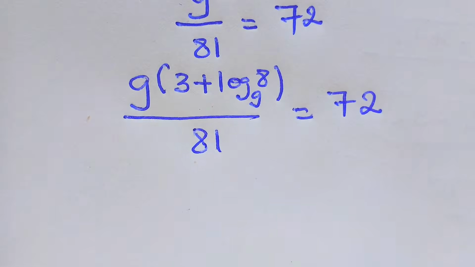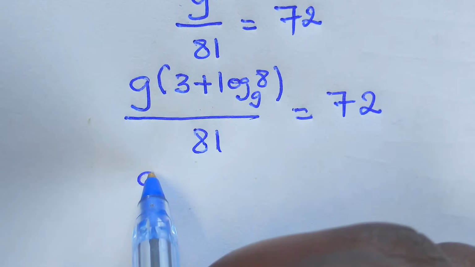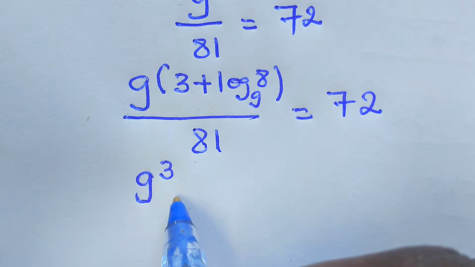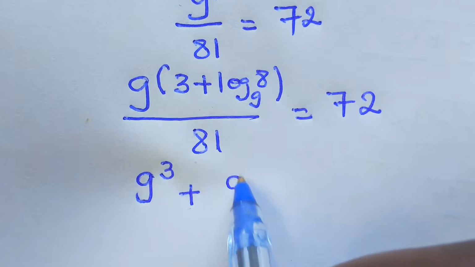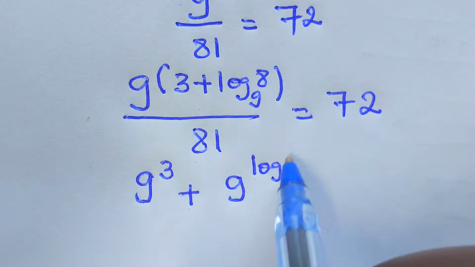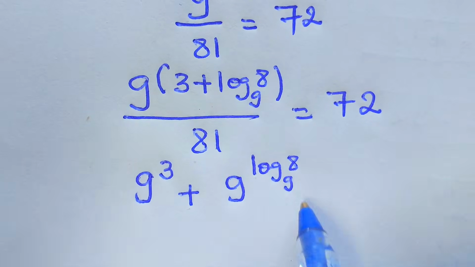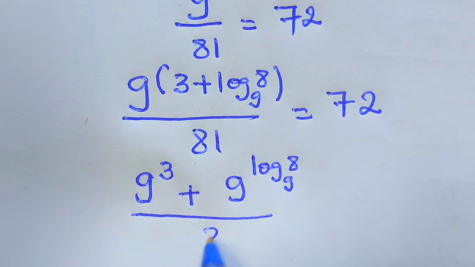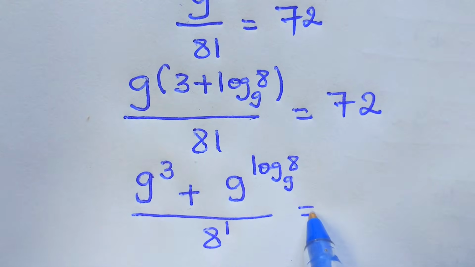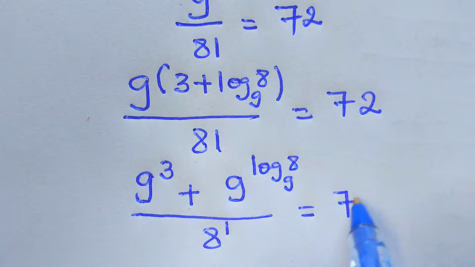We don't know. So of course you have to say 9 power 3 plus 9 power logarithm of 8 to the base 9 over 81. This should be equal to 72.